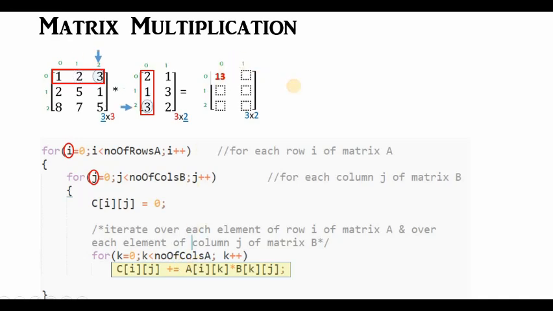Next 4 plus 3 into 3. 4 plus 9 is 13. This is how we are going to proceed with multiplying a row and a column using this for loop. We are making use of nested for loops and we have 3 for loops in line. Now let us write a simple program to implement our matrix multiplication.